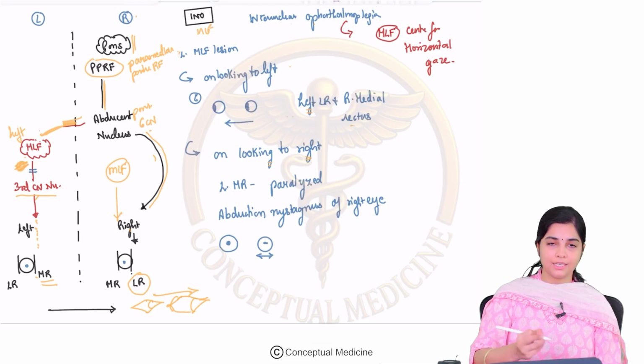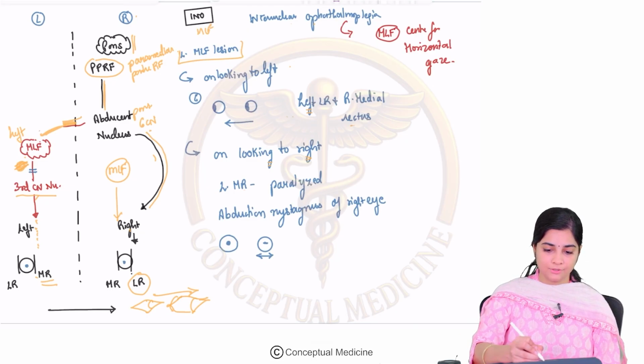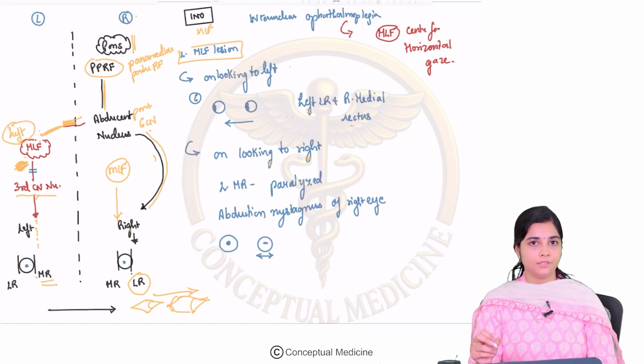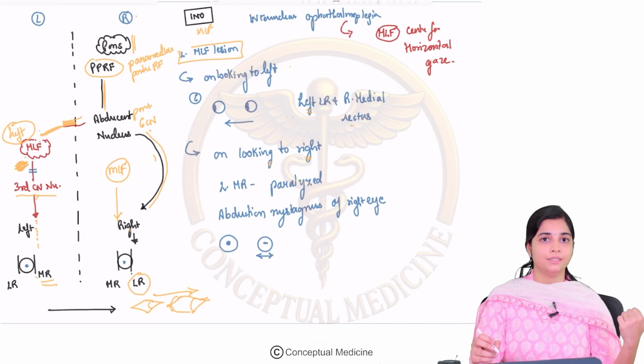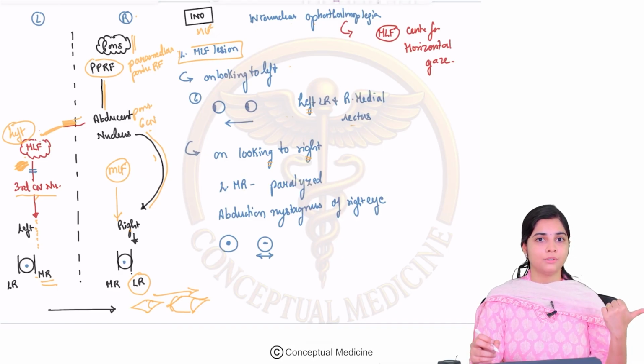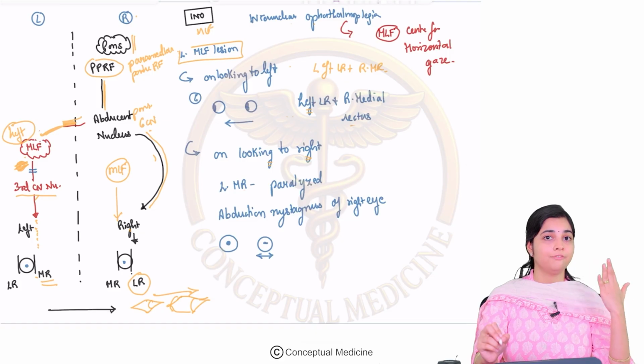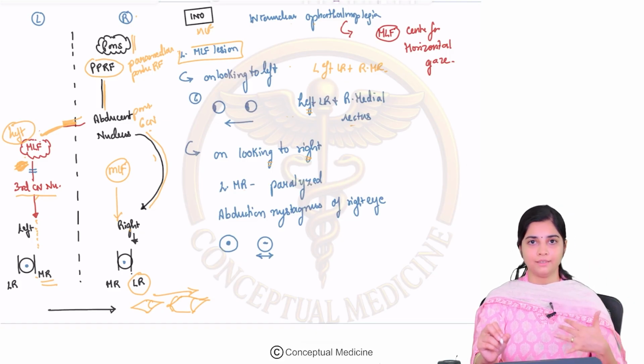Let us take the condition where you have damage to your left MLF. Whenever there is damage to the left MLF, on looking to the left side, what are the muscles that are going to contract? You have your left lateral rectus and your right medial rectus.